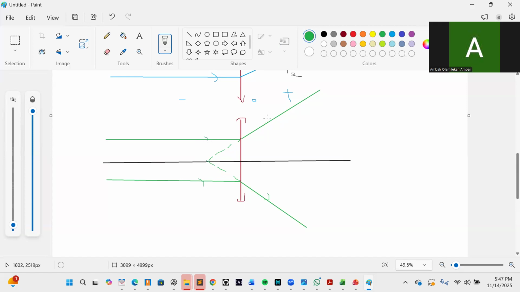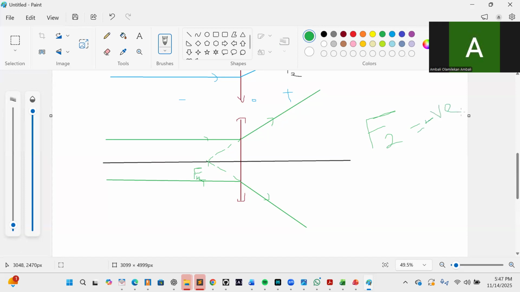Can you see? So the F2 is here. The F2 of the concave lens is negative. What determines the power of the lens is the F2, the second focal length.